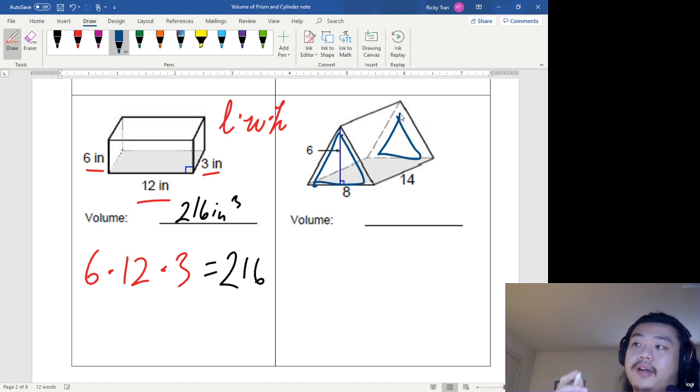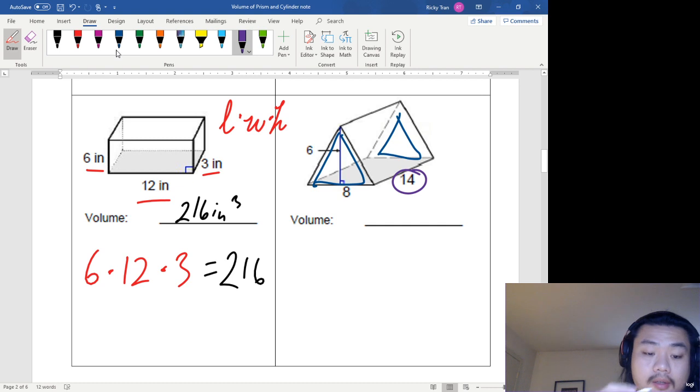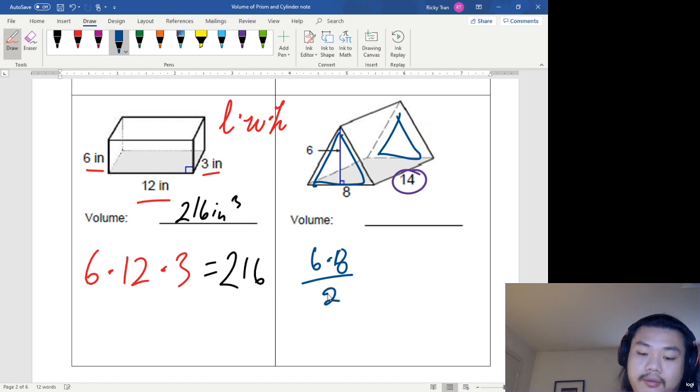For here, it's a triangular prism. So find the area of the triangle and then multiply by the height. The height is right here, the distance between the two bases. So we have 6 times 8 divided by 2, times the height, which is 14.